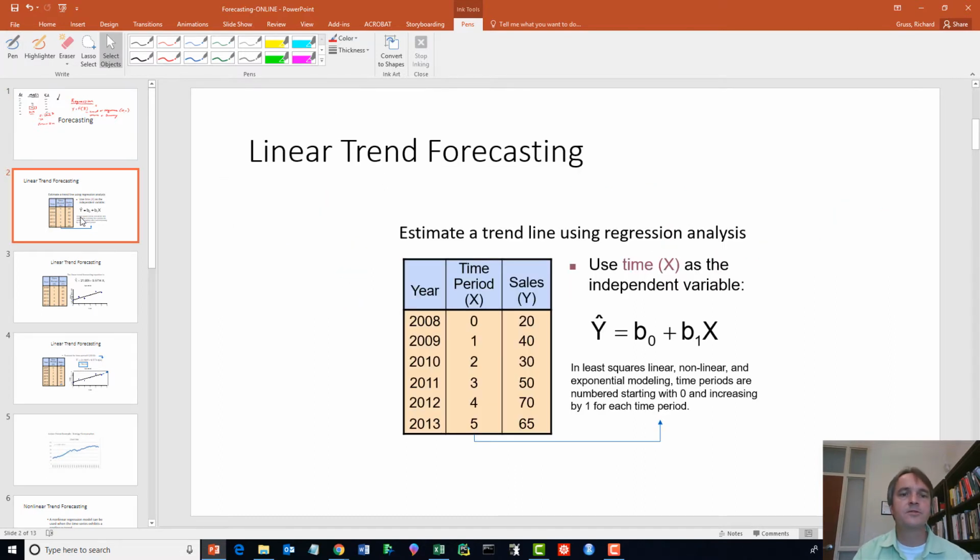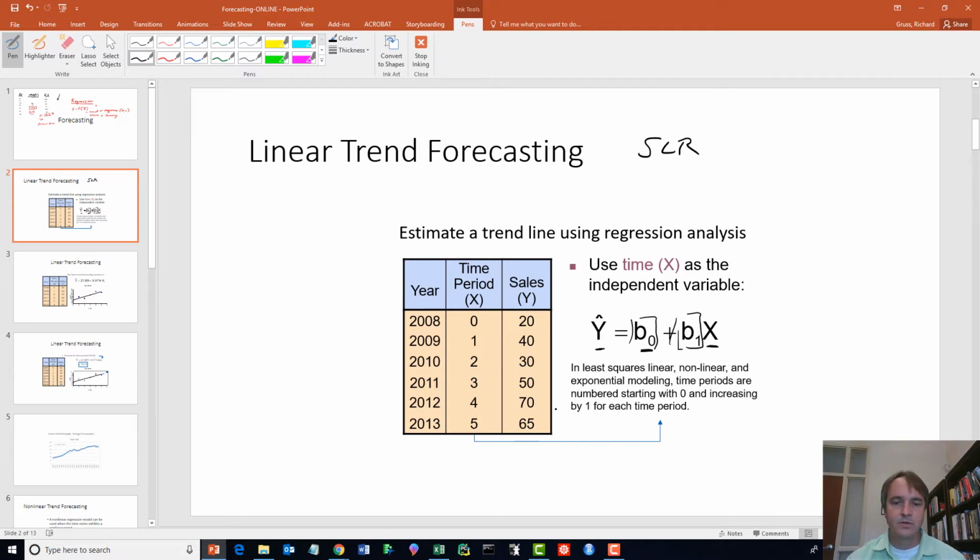So let's take a look. The simplest form of regression that we can do is simple linear regression, SLR. We spent a few days on that, and that's where we are predicting some dependent variable on the basis of a single independent variable, and our objective is to get back a slope and an intercept.